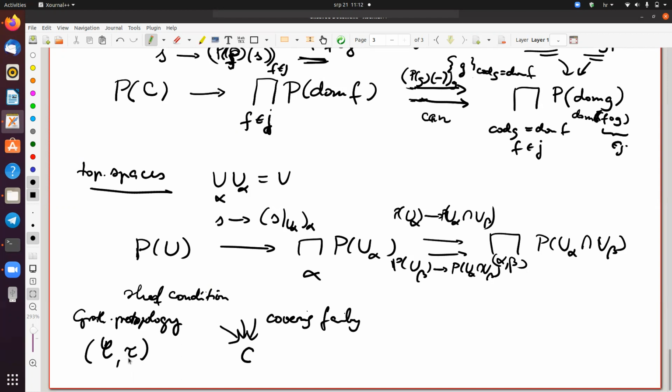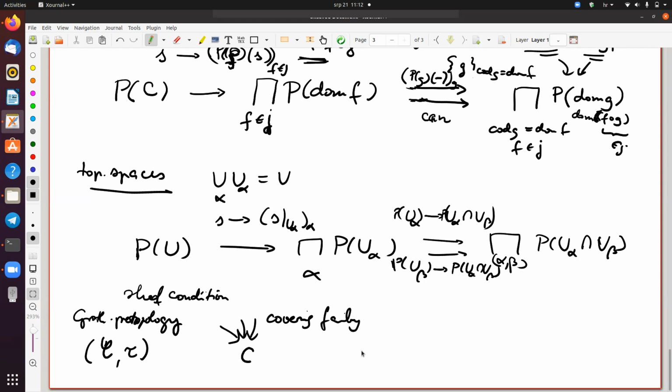The smallest sieve generated by the pre-topology will be built with the topology. So we have some families of arrows into C that you call covering families. It's not a sieve, but it generates some sort of minimal sieve. So it is some sort of basis of topology, and it satisfies again three axioms like yesterday.